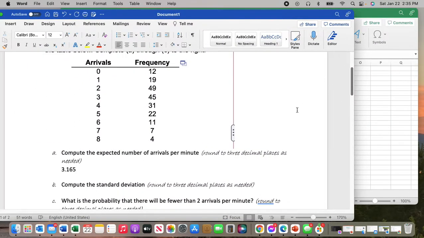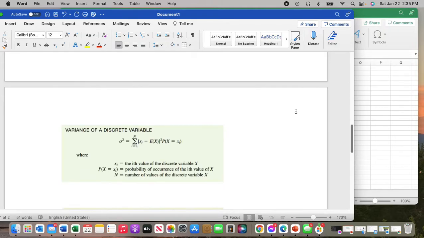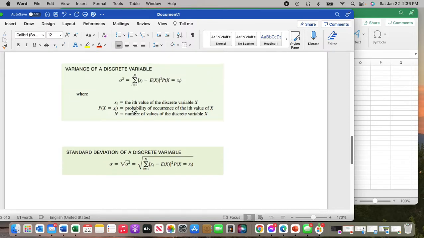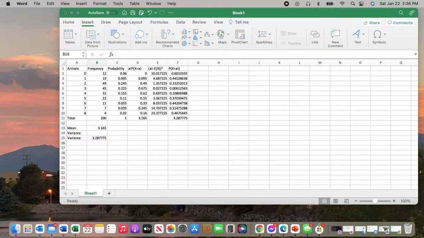Now we need to find the standard deviation. Here is our formula for the standard deviation. We could do all of that, but because we already found our variance, all we have to do is take the square root of the variance, and that is our standard deviation.